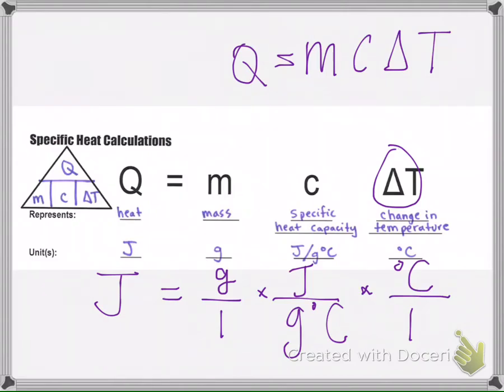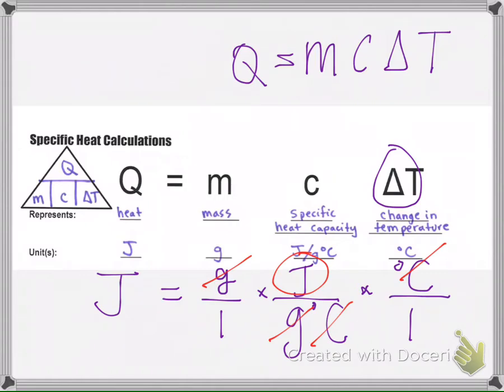Grams are going to cancel, degrees Celsius will cancel, and look at that, you're left with joules, which is energy. So these units make sense, and it works out ultimately when you want to determine what Q is.